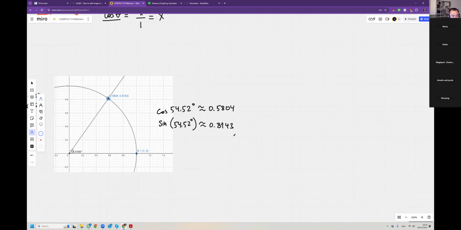So just to reiterate, if I have a circle of radius 1 and I draw a line, then if this angle is theta, the coordinates of this point are going to be cos theta and sine theta.